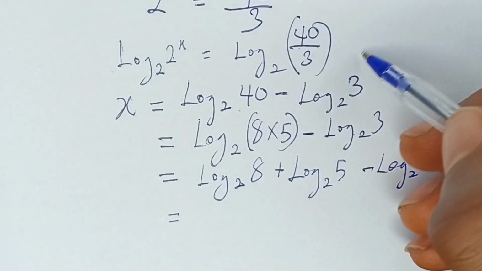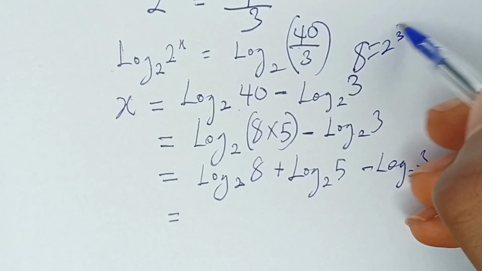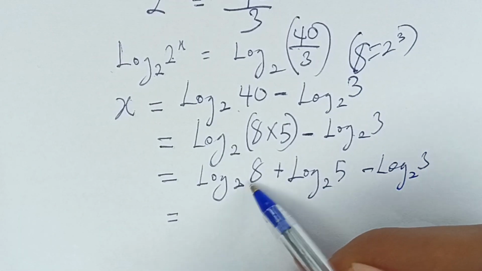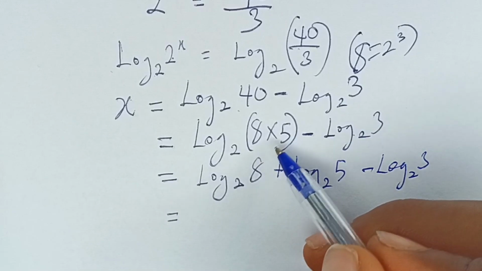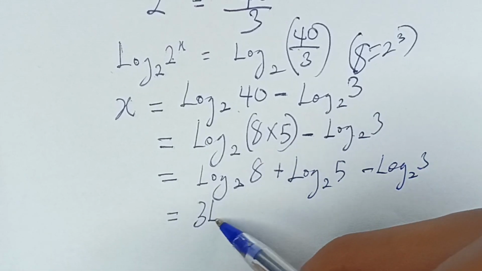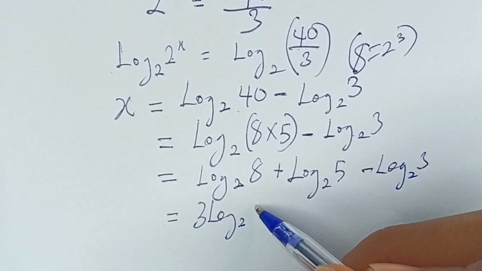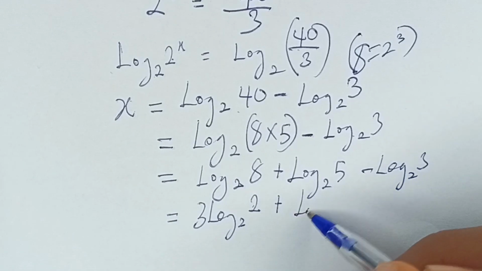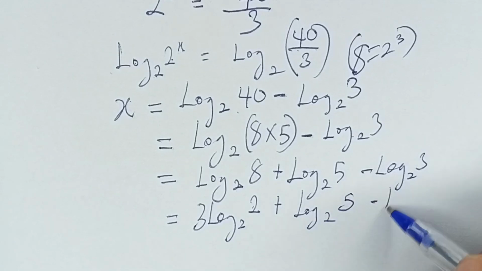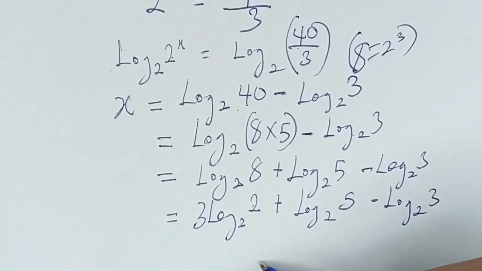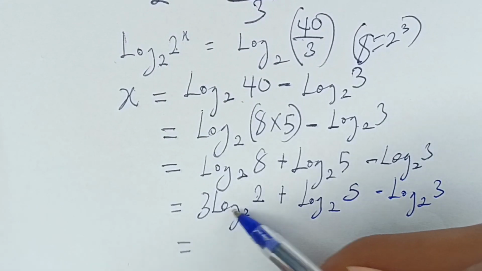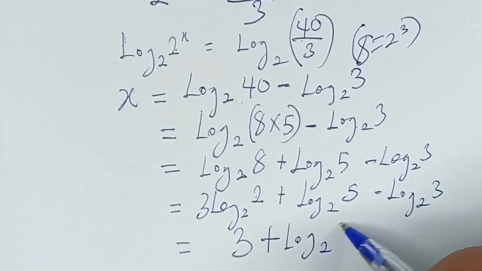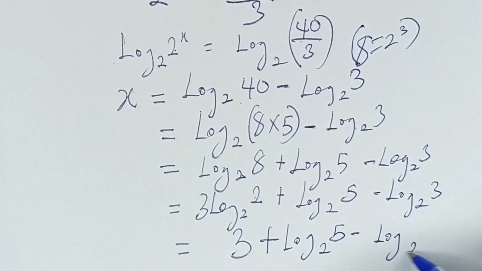Okay, so because 8 is equal to 2 raised to the power 3, it means that we can replace this log to base 2 of 8 with log to base 2 of 2 raised to the power 3, making it equal to 3 multiplied by logarithm to base 2 of 2 plus logarithm to base 2 of 5 minus logarithm to base 2 of 3. This now becomes equal to logarithm to base 2 of 2 is 1, 1 times 3 is 3, plus logarithm to base 2 of 5 minus logarithm to base 2 of 3.